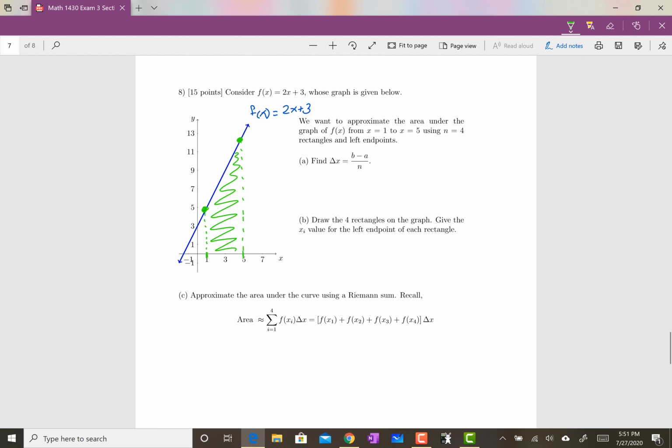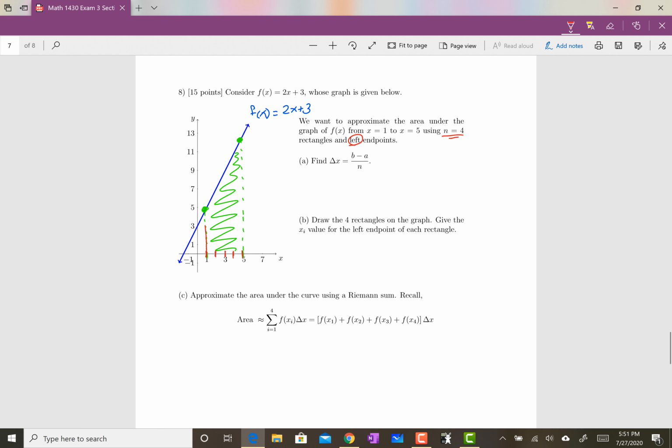Okay, and I'm going to approximate it using n equals 4 rectangles and left endpoints. Okay, so what does that mean? Well, I'm going to break this interval up into 4 pieces. Right now I'm just visually showing you what we're going to do. N equals 4 rectangles, so I need 4 equally spaced rectangles. And we're going to use the left endpoints.